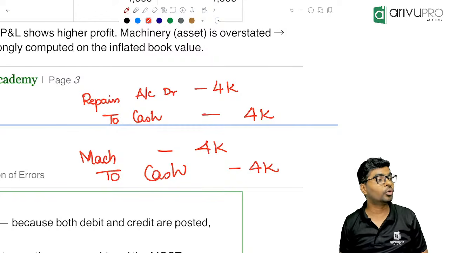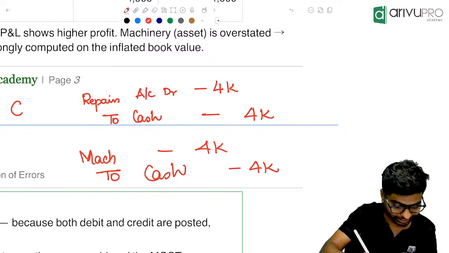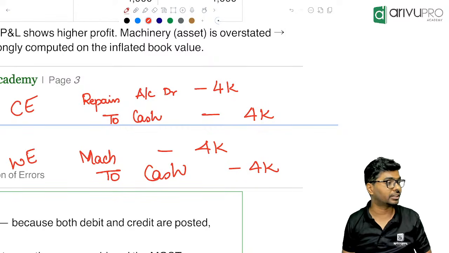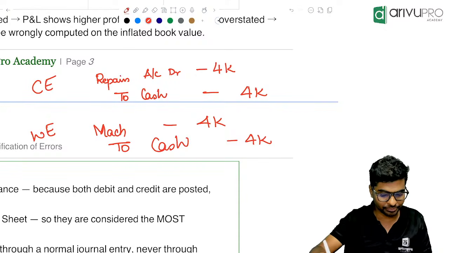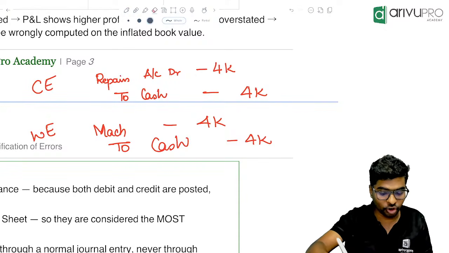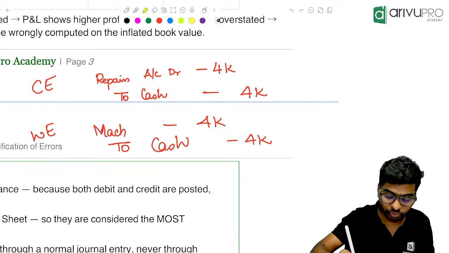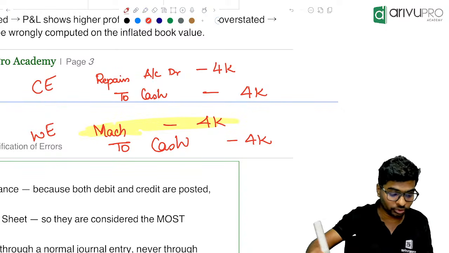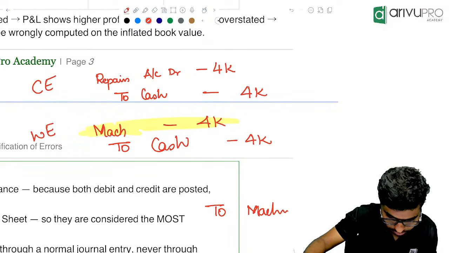How do you rectify it? This is my correct entry. This is my wrong entry. How do you rectify it? So first thing, what have I done? Machinery is wrongly debited. So what will you do? You will credit the machinery account.